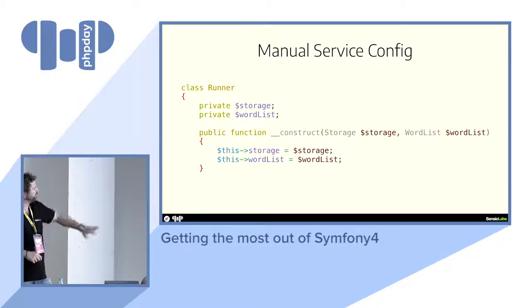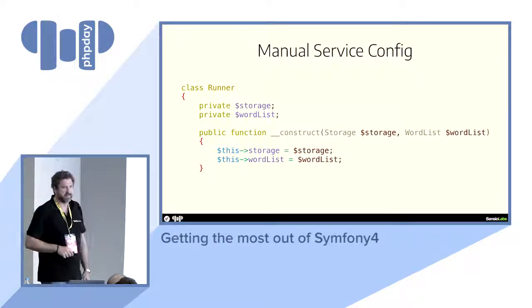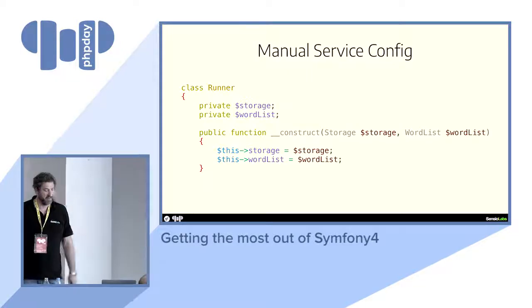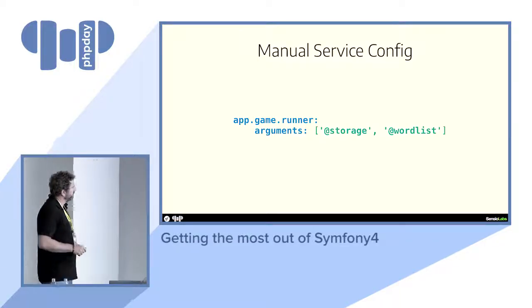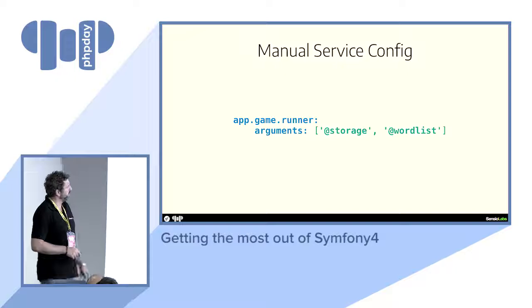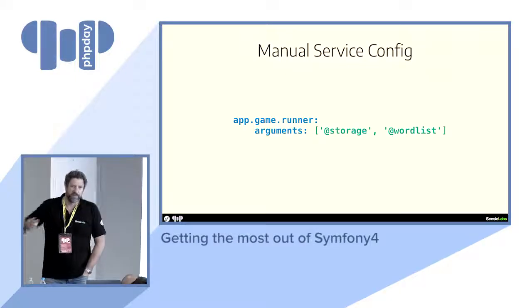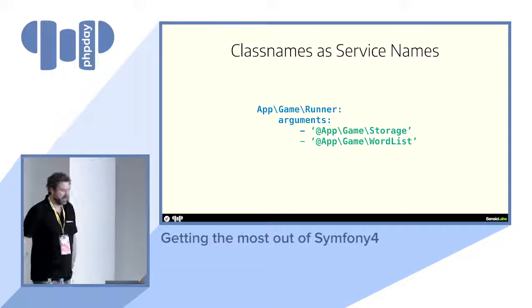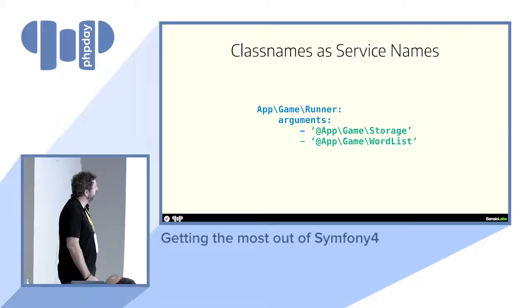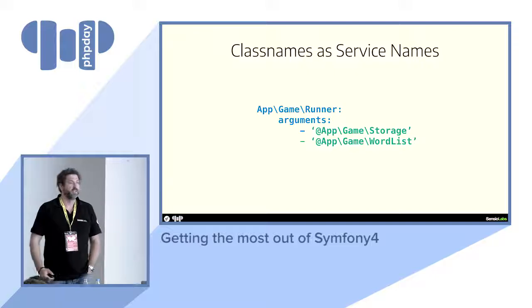Manual service configuration. You have a simple service. It's called a runner for some sort of weird game, and it needs a storage and a word list as a dependency, or as two dependencies. So in a traditional manual service configuration, you would do something like this. You would have a service name, and arguments that were other services. And now the first thing we introduced, which actually does not have anything to do with autowiring yet, is we use fully qualified class names as the service names, which is very practical.